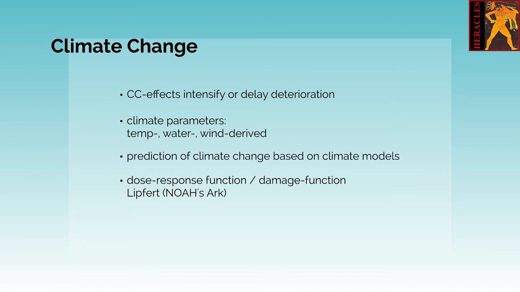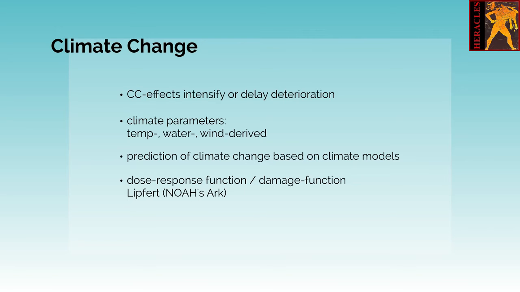What is necessary to formulate those functions? We need information on the affected material as well as on pollution parameters and climatic parameters in order to determine the tolerable deterioration rates.